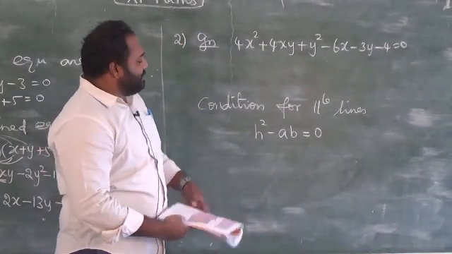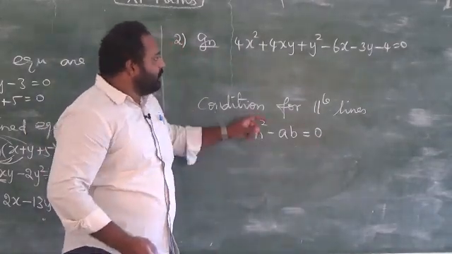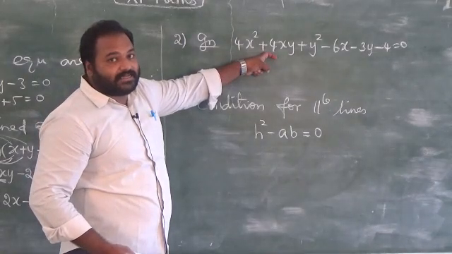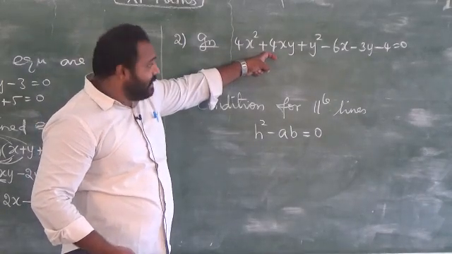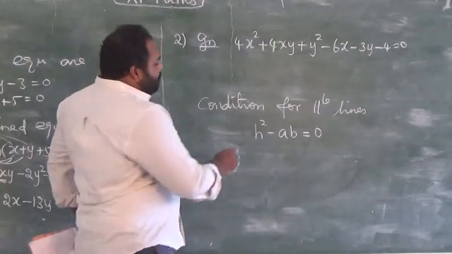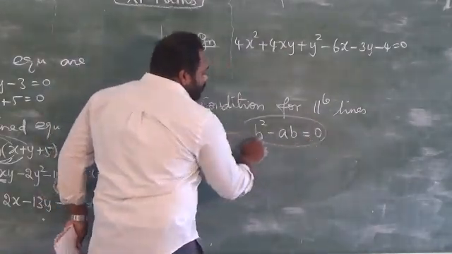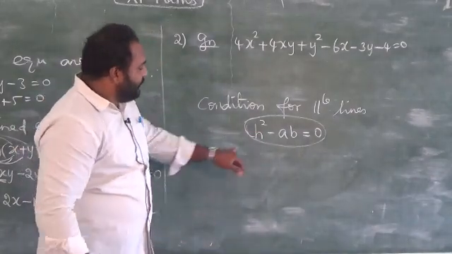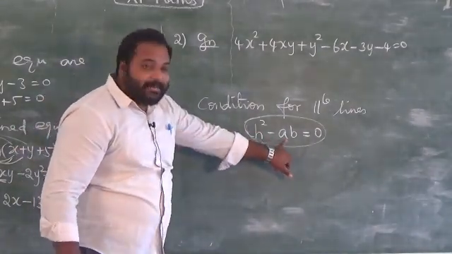If this combined equation satisfies this condition, this pair of straight lines is a pair of parallel lines. If you want to use this formula, we need the h square value and ab value.